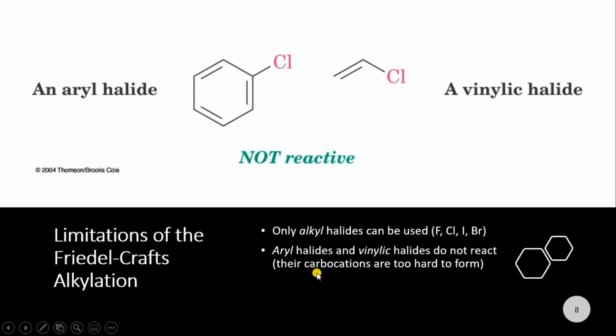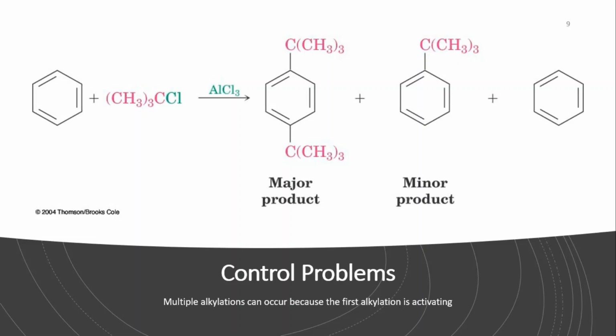One other new thing about the Friedel-Crafts alkylation reaction that maybe you are not familiar with yet is the control problem. I mean, how to control the alkylations, because you have this aluminium chloride and you have this alkyl group. So if the alkylation happens once, it can also occur again. How would you be able to control that? Sometimes the control is very difficult.